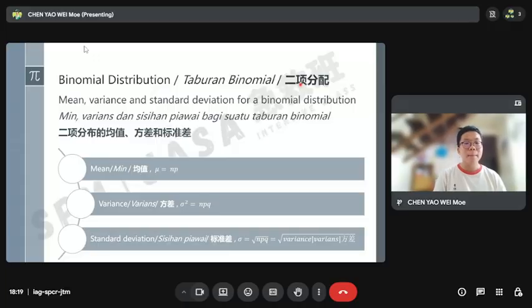p is the probability of success. So if your rate is 3/5, it means the probability that I fail is 4/5, which is 1 minus it.